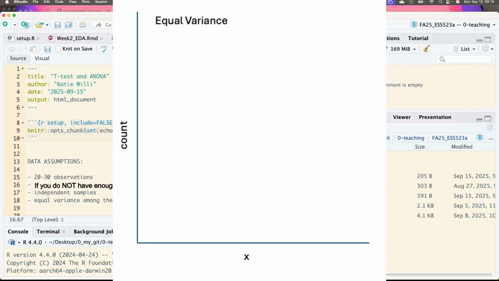What equal variance is, let's say we have two different groups of data that we're collecting an observation on. That observation is just X, let's call it. And then on the y-axis, we just have a count. So we're basically creating a histogram, right? So equal variance has to do with the shape or tightness.